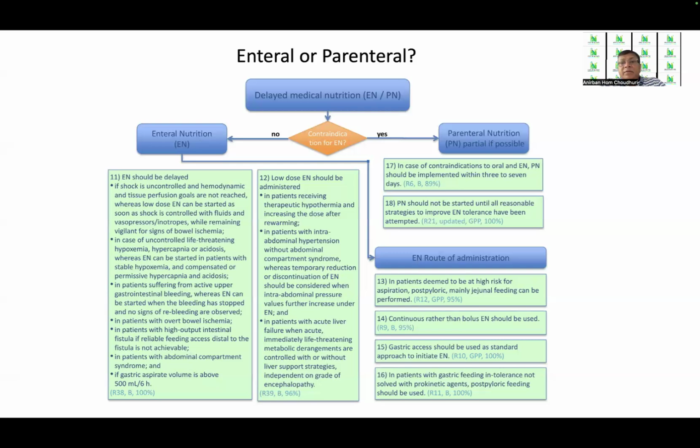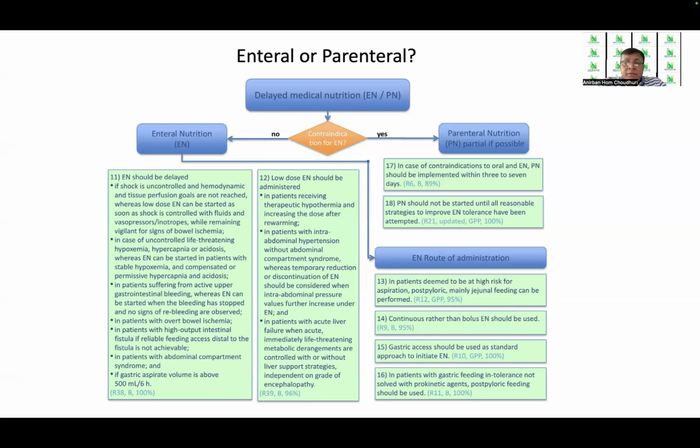There are cases where parenteral nutrition should be started, in patients with contraindications to enteral nutrition. It should be implemented within 3 to 7 days. Parenteral nutrition should not be started until all reasonable strategies to improve enteral nutrition tolerance have been attempted.